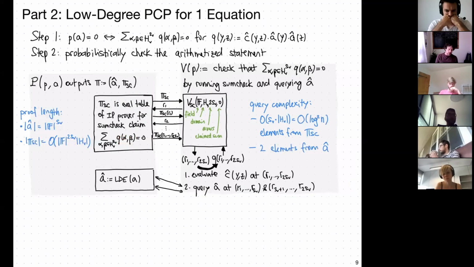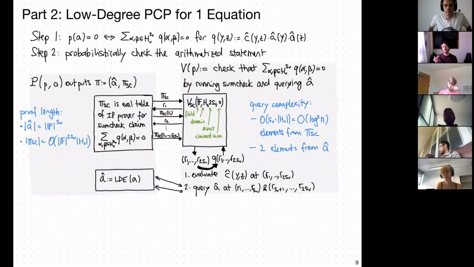In terms of the proof length, the total amount we'll have is the Reed-Muller encoding, the low degree extension of the assignment, which is just F to the S. And we'll also have to write all of these values, where we write all the possible random choices that the verifier made. So this corresponds to all of the R's that we're sending times the description length of each one of these messages.